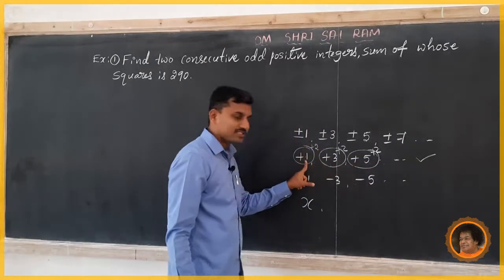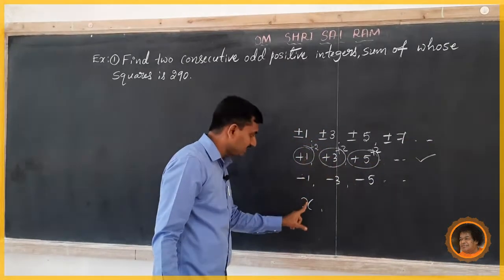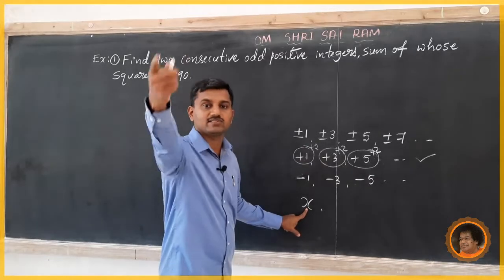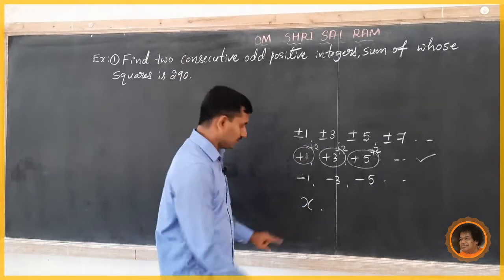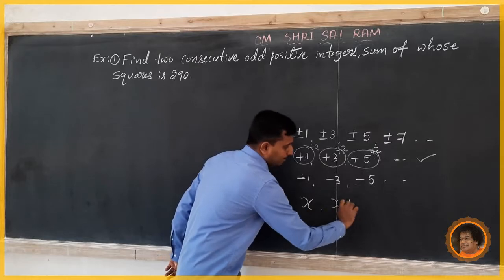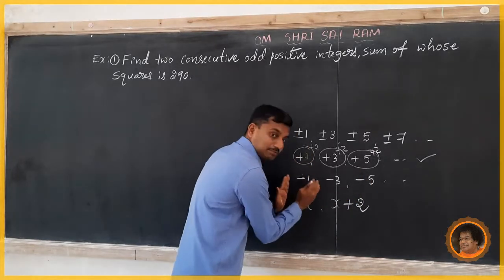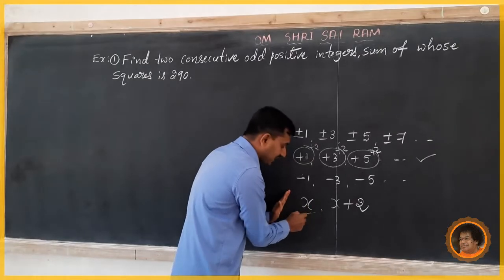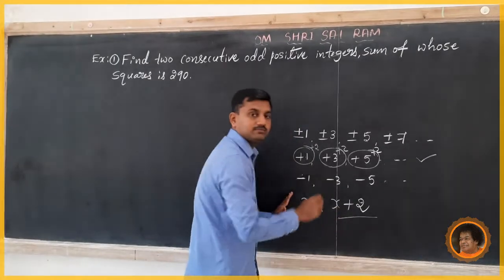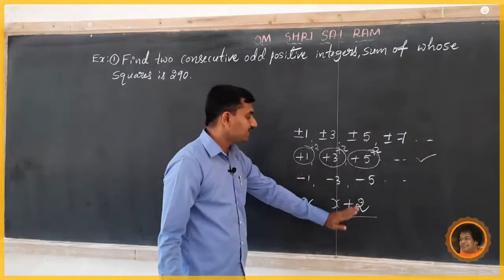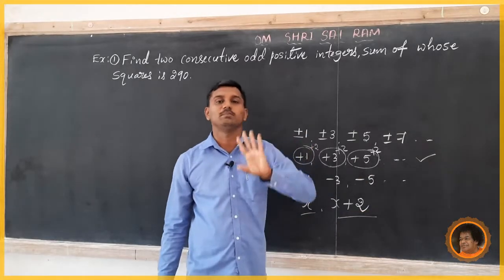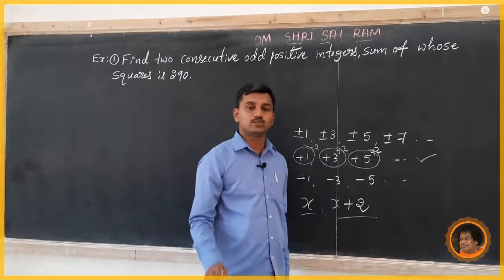So to get the next term we add 2: x plus 2. Therefore the two numbers are x and x plus 2.